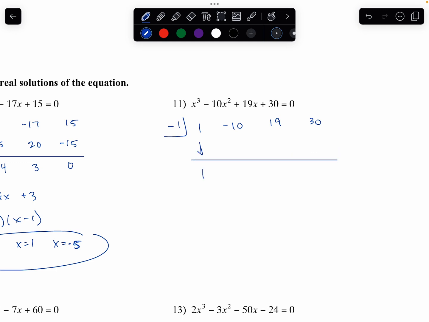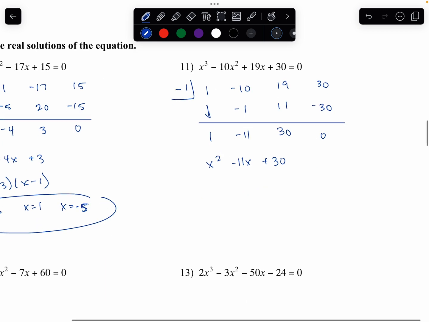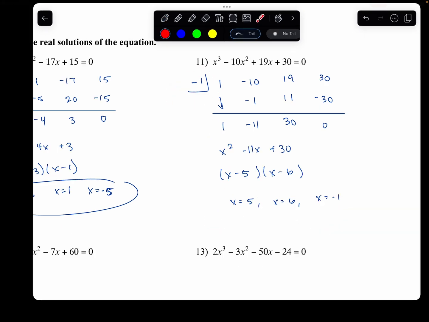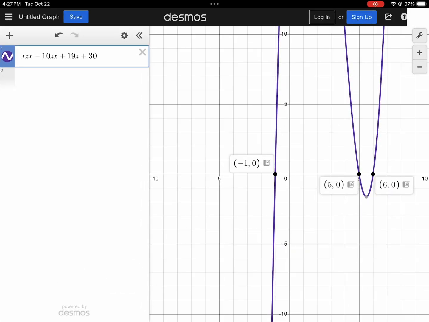So drop the 1, get negative 1, get negative 11, get positive 11, get 30, get negative 30, get 0. So I have x squared minus 11x plus 30. I can factor this to be x minus 5 and minus 6. So x would have to be equal to 5, x would have to be equal to 6, and x is equal to negative 1 from before. And that's already confirmed with my graph right there.